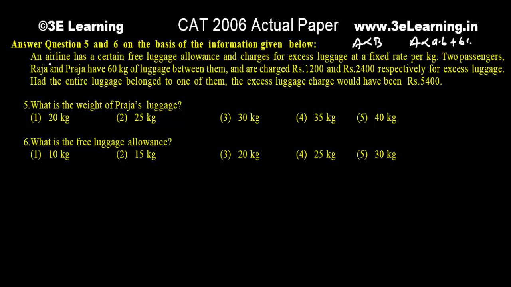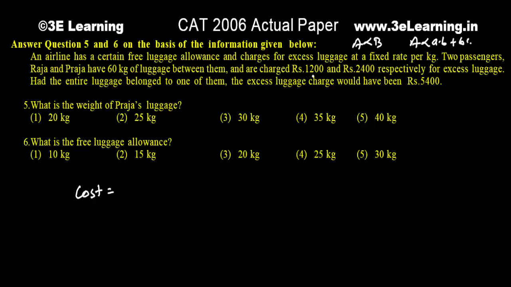What is it all about? An airline has a certain free luggage allowance and charges for the excess luggage at a fixed rate per kg. Okay, we have a charge. Now we can say the cost is equal to a certain free luggage allowance and a charge for the excess luggage at a fixed rate per kg. Two passengers, Raja and Praja, have 60 kg luggage between them.